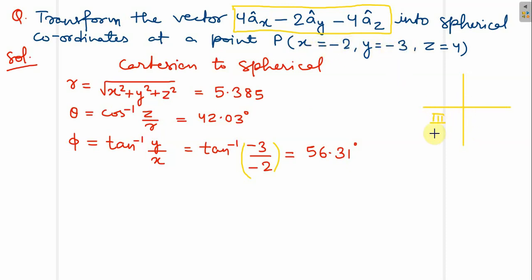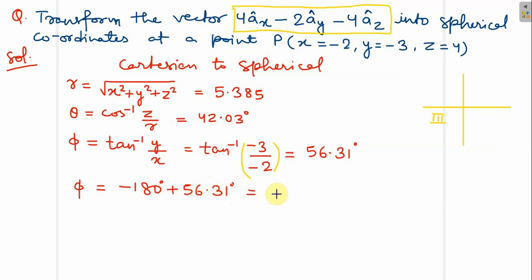So obviously it will lie in the third quadrant, and if it is in the third quadrant, then what will be the value of phi? So phi will be minus 180 degree plus 56.31.